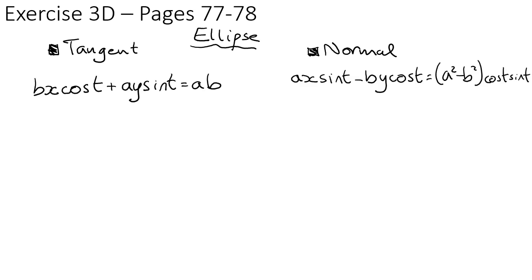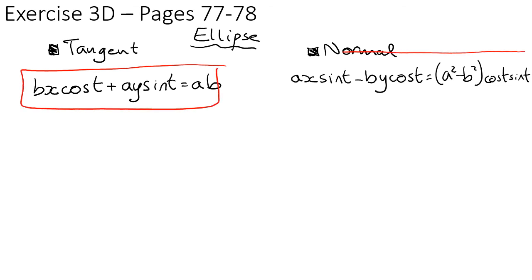So here are the results here. If you want to pause and try to memorize them for ease of finding the equations of normals and tangents for ellipses. So let's just highlight this one here.